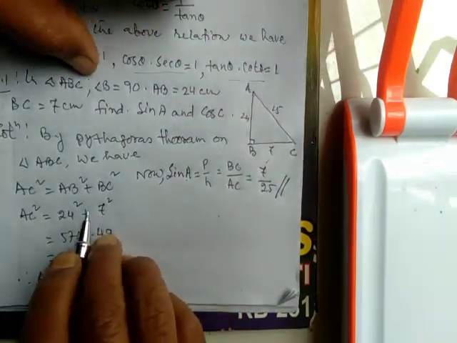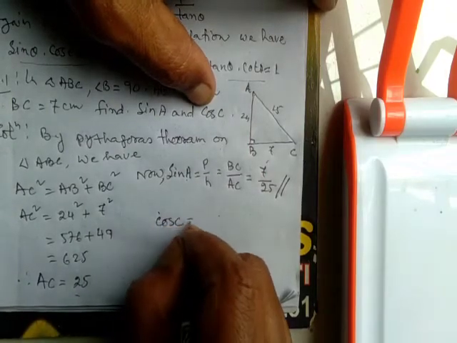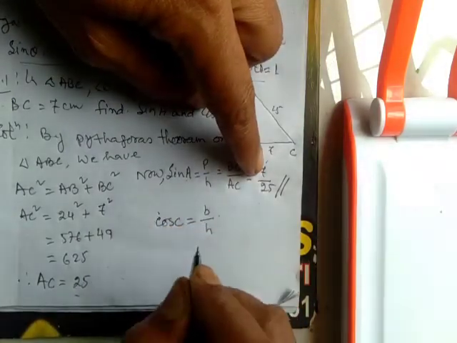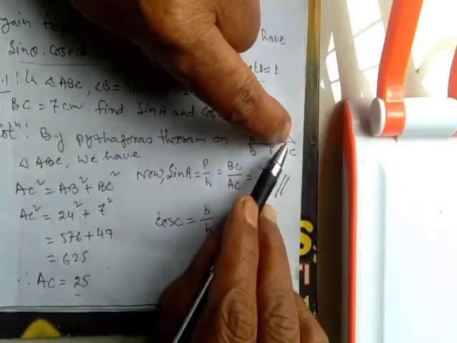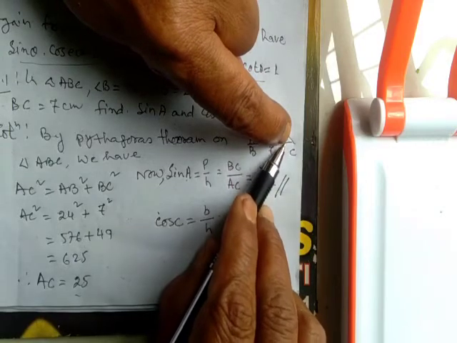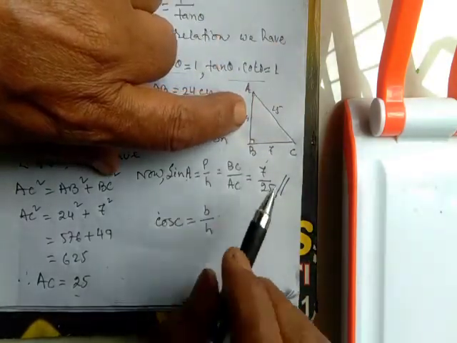Next, they are asking you to find cos C. Cos C means this angle C is mentioned, so the side opposite to this is the perpendicular. AB is the perpendicular.